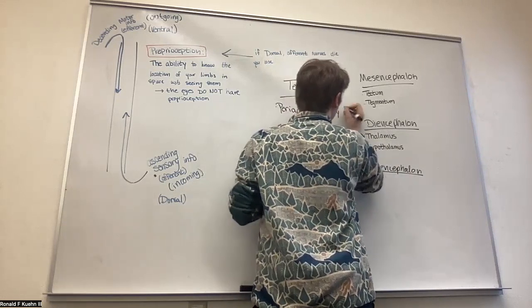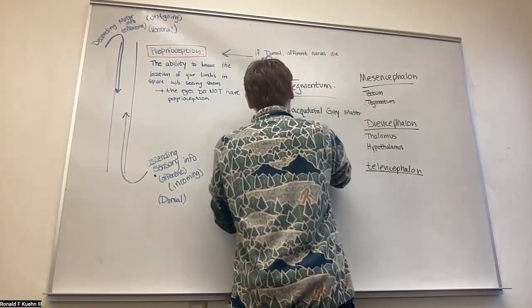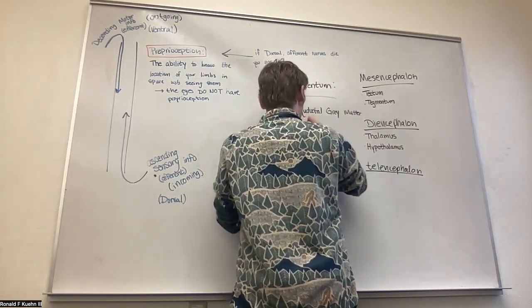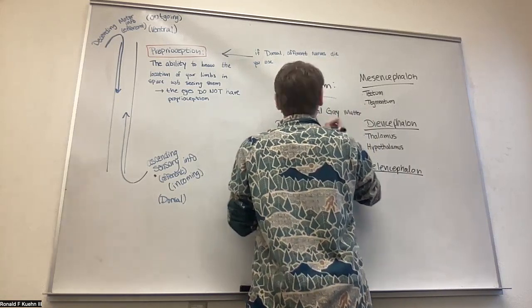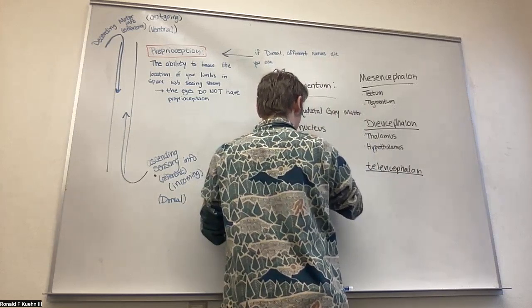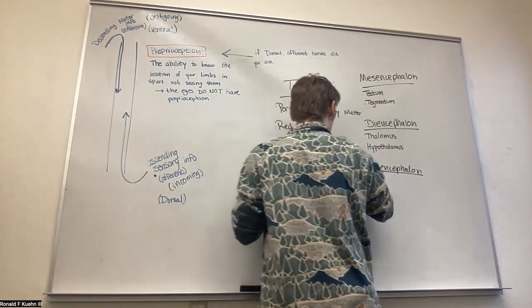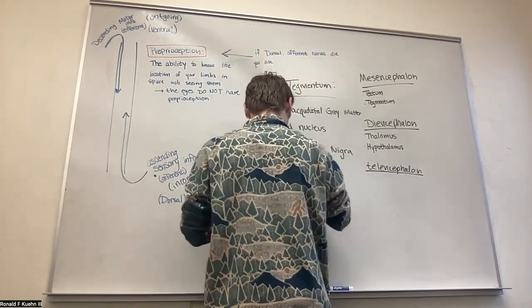There is the red nucleus, in the tegmentum inside the mesencephalon. So the mesencephalon contains the tectum and the tegmentum. And inside the tegmentum, there are 4 nuclei.